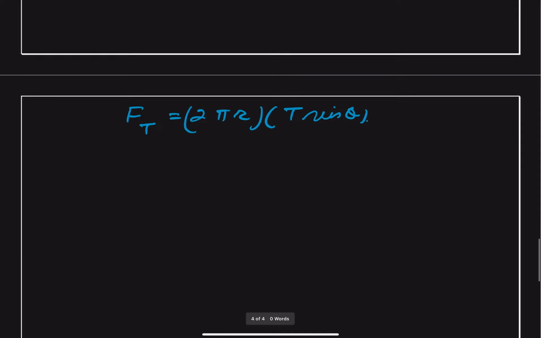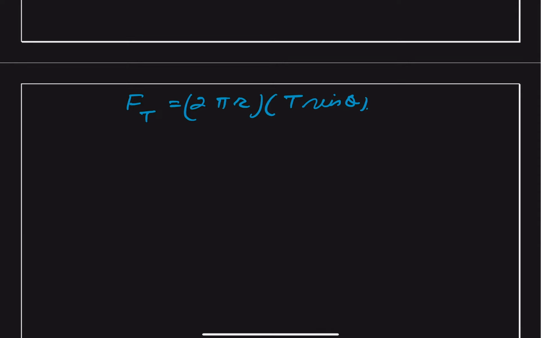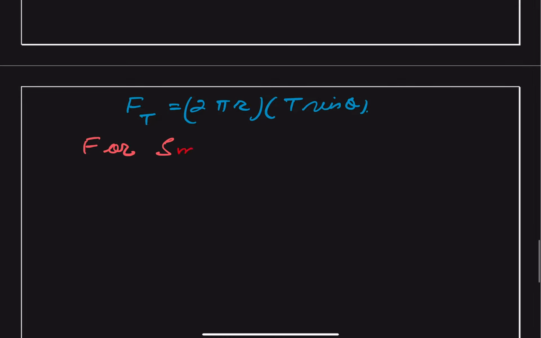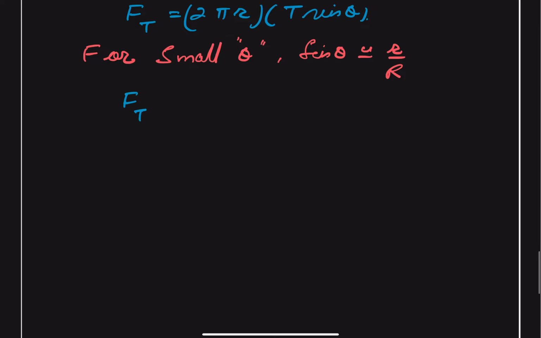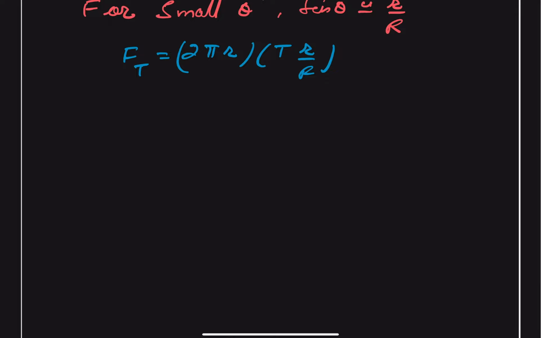And if theta is very small, you can say for small theta, sine of theta can be approximately equal to small r upon capital R. Therefore, we can write that our Ft, substitute the value, we get this as 2 pi r, and this is our T, small r upon capital R, and we can just adjust the things here.